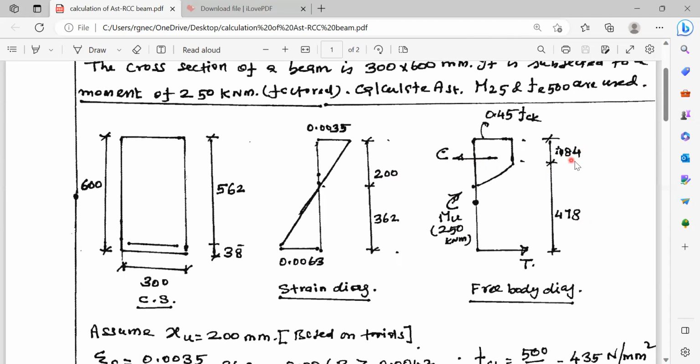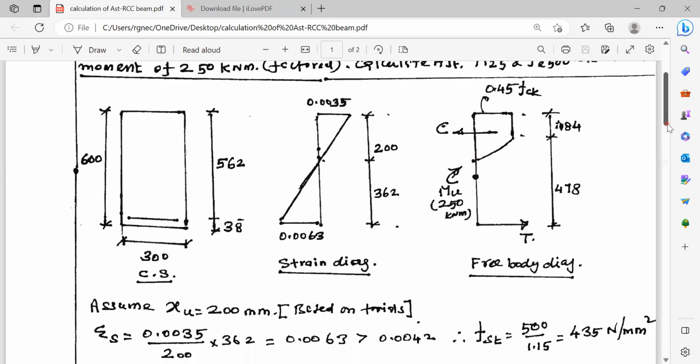How did we get this 84? 84 is nothing but 0.42 times XU. XU is this depth, 200 mm. Multiply this by 0.42. Then you will get this distance, 84 mm. Total effective depth is equal to 562. Out of 562, you subtract this 84. Then you will get this 478 mm.